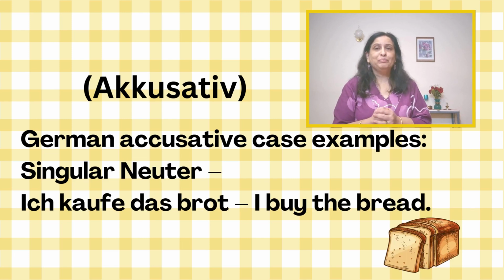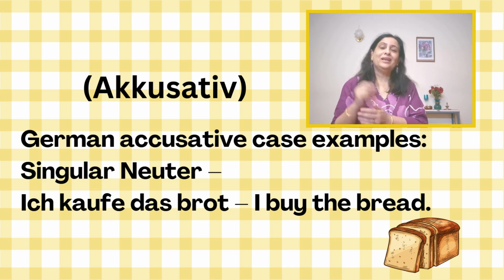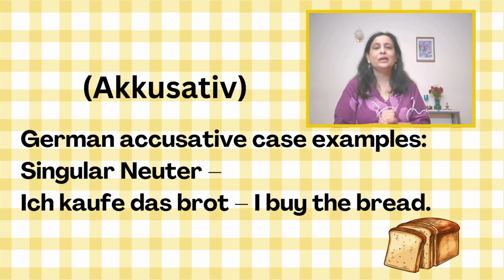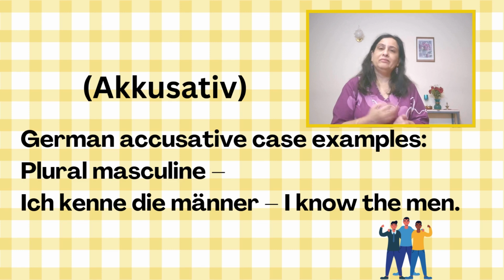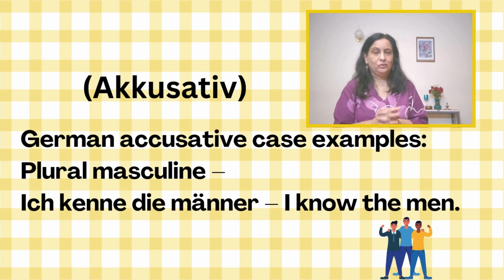Now we'll see the singular neutral form. Suppose there is a sentence, Ich kaufe das Brot, meaning I buy the bread. Brot is bread, so Brot is a neutral form. If you see here, das remains the same. There won't be any change in the article. Then we'll see the plural form.